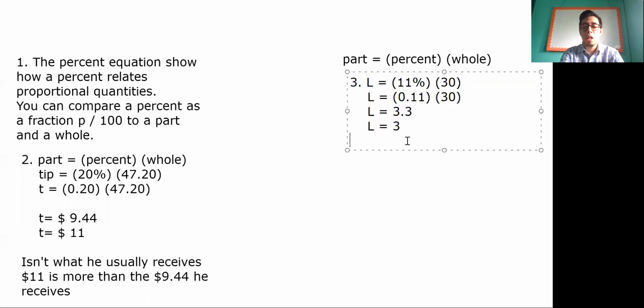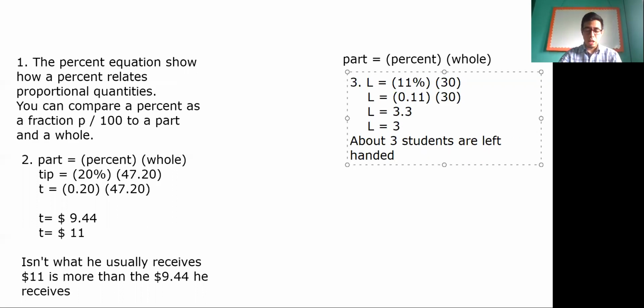So it's about 3 students. About 3 students are left-handed. So the exercise Sarah solved is correct, right? She obtained that about 3 students are left-handed because we don't take the decimal. We take only the whole number. Now we can work on the other example if you have this clear.